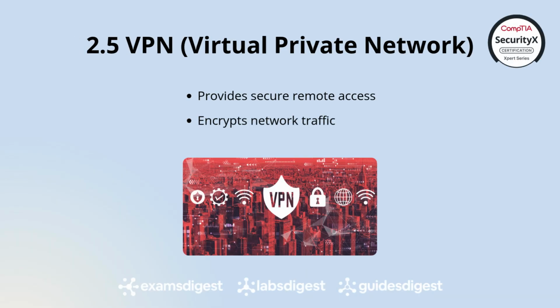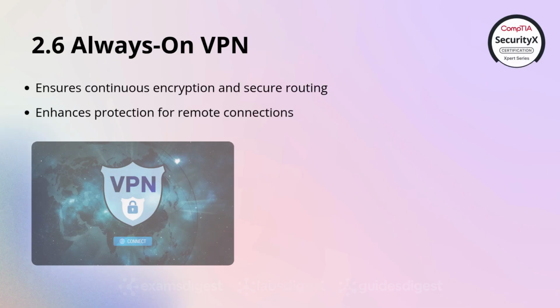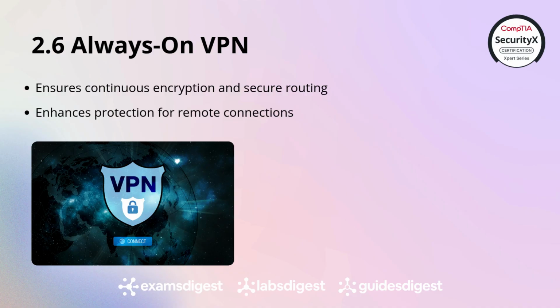Next is the VPN, or Virtual Private Network. In a zero-trust model, VPNs are essential for providing secure remote access to the network. However, traditional VPNs often grant broad access once a connection is established, which can be a security risk. This is where always-on VPN comes into play.